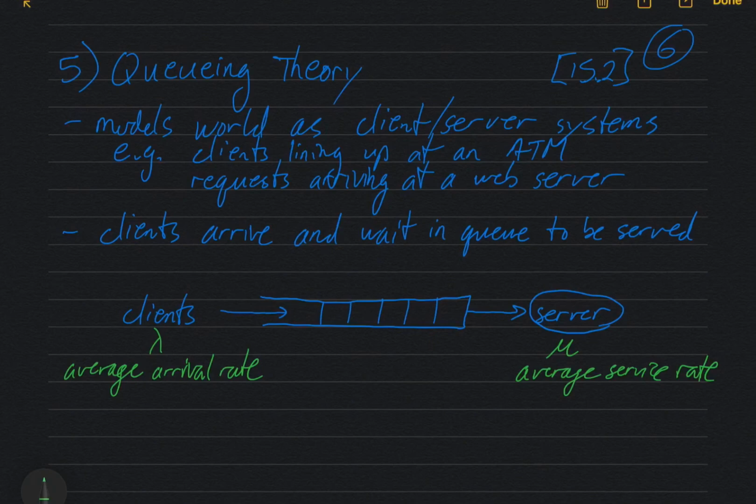So it's producing things or jobs. The producer is actually modeled as a client in queuing theory, and the server is the consumer that's taking the data as it comes in and processes it. So the producer puts stuff into the queue, packets of data, and the consumer or the server takes them out and works on them.